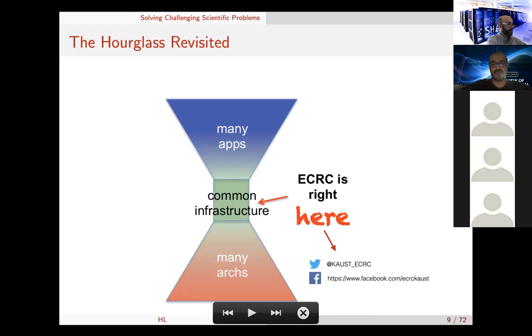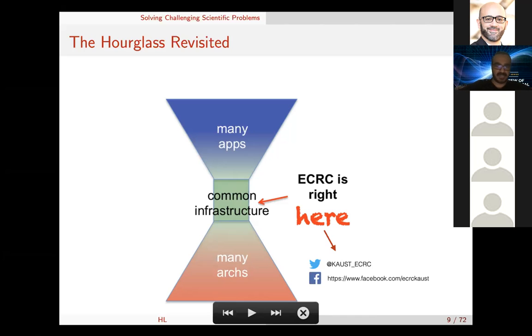So we try to find a common infrastructure, a common denominator, and as soon as we've done that, we could really improve that common denominator, try to extract performance, and then all of a sudden this translates into giving a huge performance boost to many applications on various architectures. This is where we are located, at the waist of this hourglass.